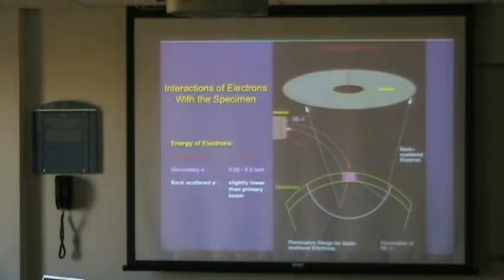All the electrons which are produced down here don't really make it out, so for the image information they're irrelevant. So it's mostly this volume that is relevant for so-called secondary electrons.